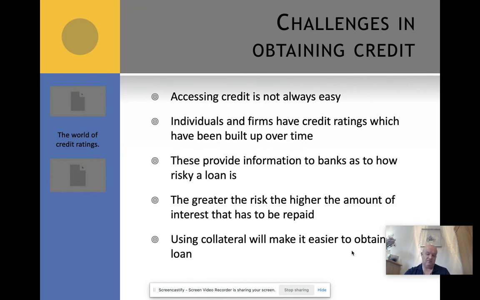Sometimes you might find that individuals will be asked to have somebody be a guarantor for a loan. For instance, let's say you decide you're going to buy yourself a little car, and you're going to finance that through some sort of loan.